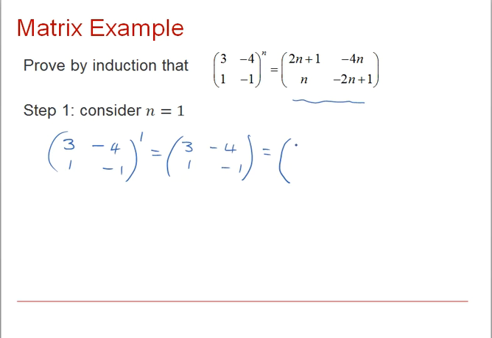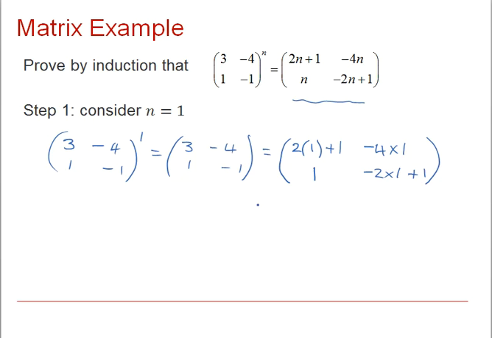So, we know n equals 1, so we can write 2 lots of 1 plus 1 as being the equivalent of the number 3. We can write minus 4 times 1 as being the same as minus 4. 1 is just 1. And for the minus 1 value, we can write minus 2 times 1 plus 1.